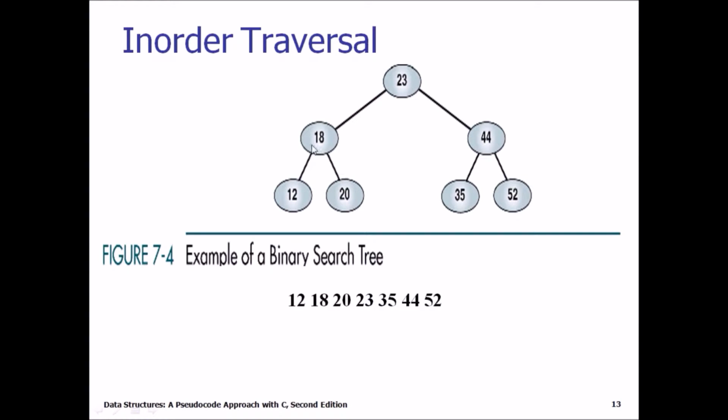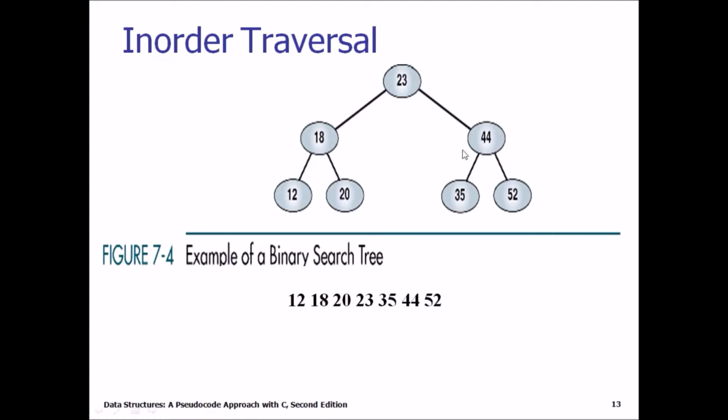Then the root: 23, after the left subtree we have computed, because in order means this has to be in between. So see, 23 is in between. Now let's go to the right subtree: 35, then 44, 52. This is the in order traversal.